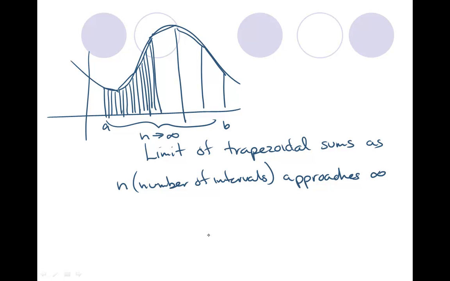So this last step is to combine that idea of taking trapezoidal areas and then making those intervals smaller and smaller, making more and more subdivisions until we approach a very, very accurate estimate of the definite integral, which again is the area under the curve.